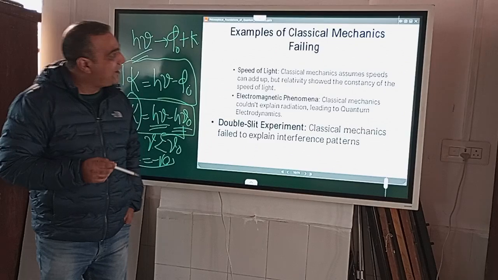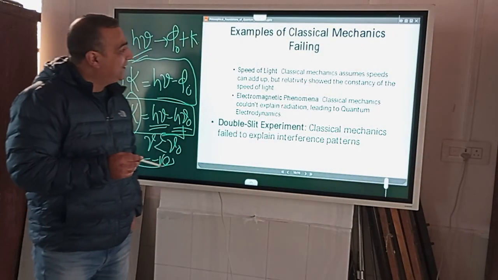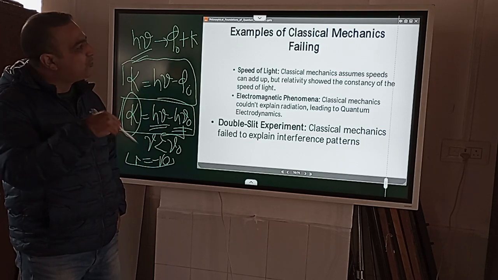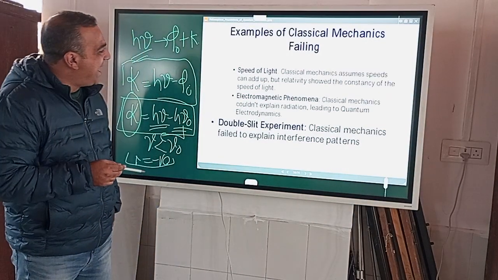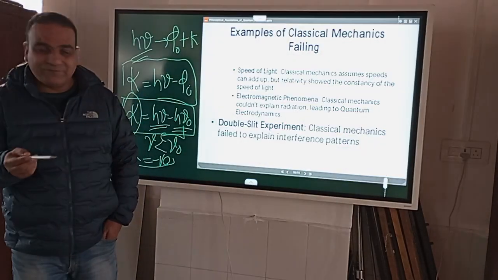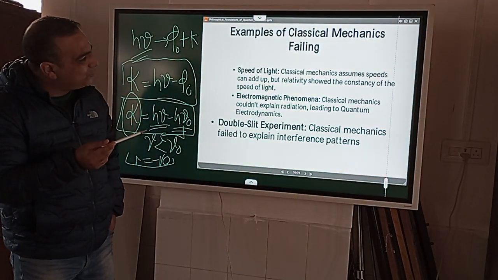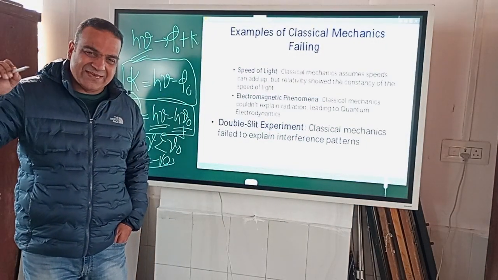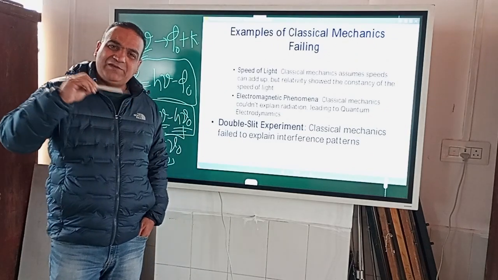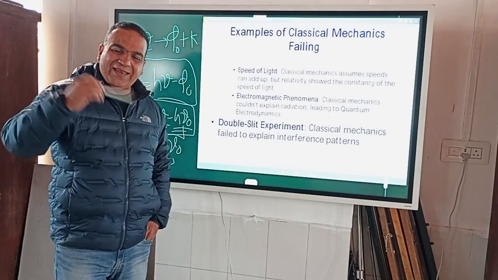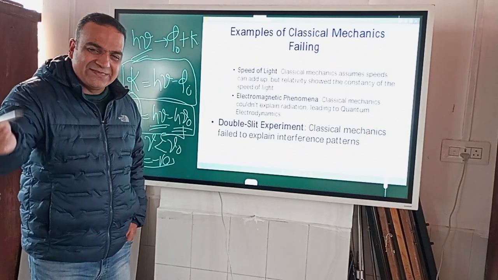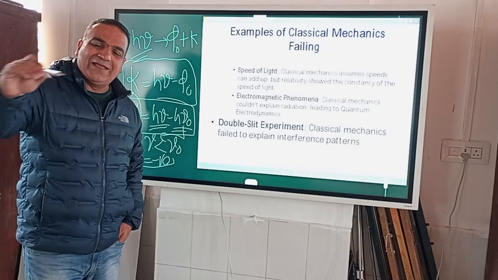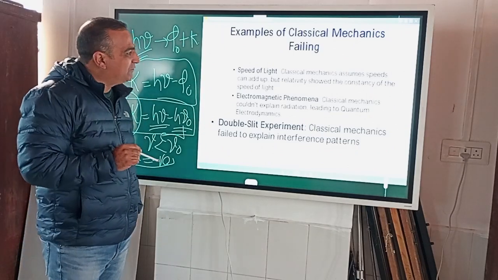Now, as we have already talked about these important things, I would like to summarize the failings of classical mechanics. Point one, as I said, is the speed of light. Classical mechanics assumes speeds can add up in all states. If you have a speed equal to the speed of light and you add another speed equal to the speed of light, then the total speed must be 2 times the speed of light.